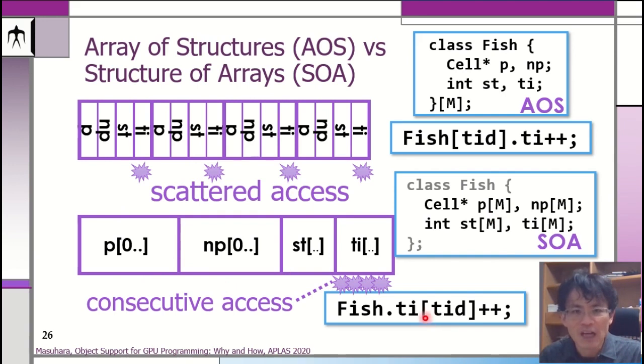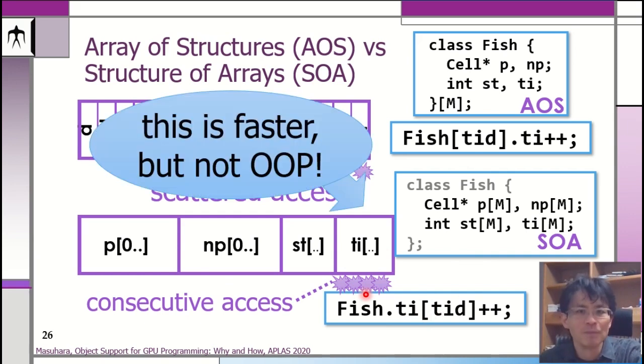Then if all the threads increment the TI field, the memory accesses are going to be at consecutive addresses, which gets better performance on GPUs. So this is a faster implementation, but not actually OOP, because we are allocating global arrays of fields. So we lose object orientation here.